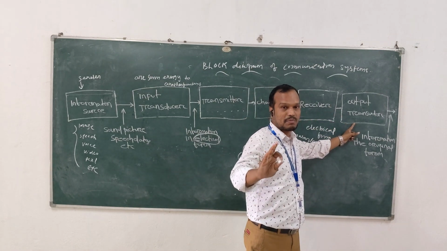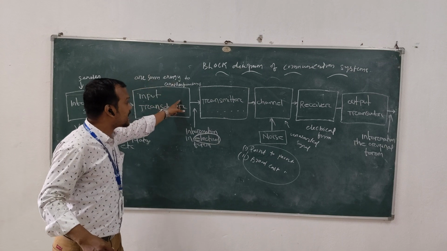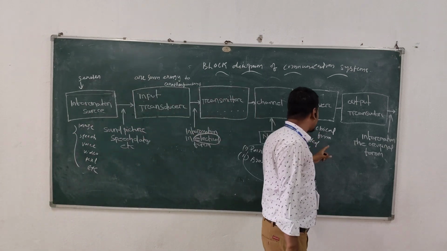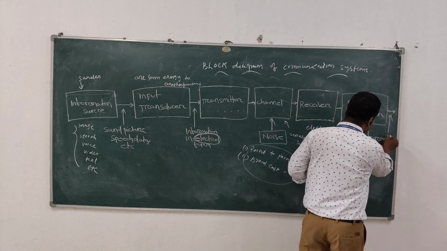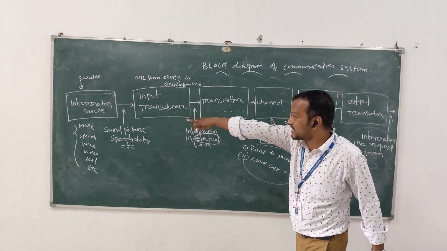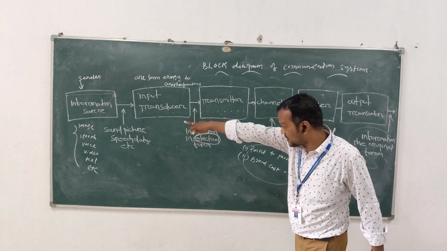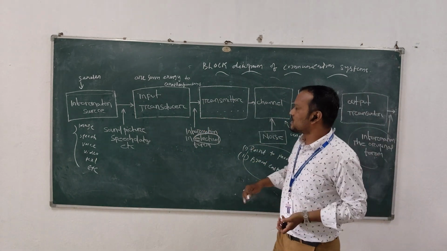In the beginning it converts non-electrical to electrical, and at the receiver end it converts electrical to non-electrical form. Finally, we receive the information which was sent by the information source at the sender side. So this is the block diagram of communication system.